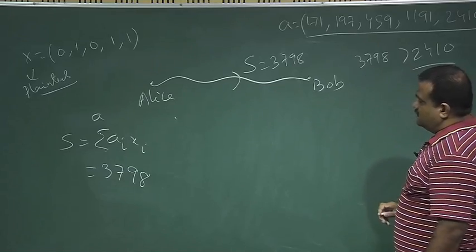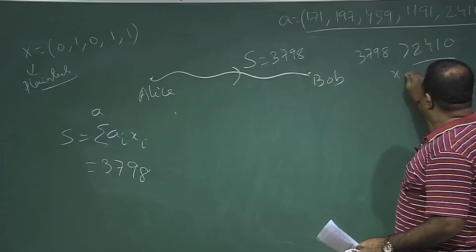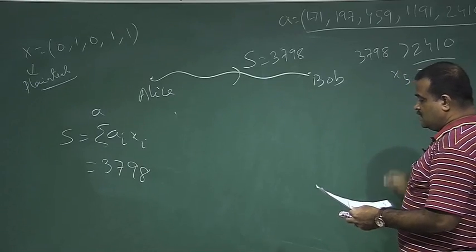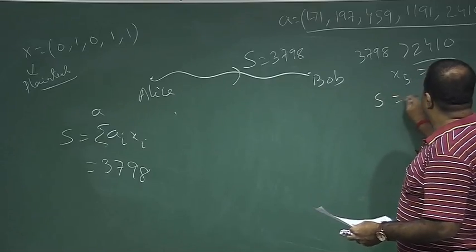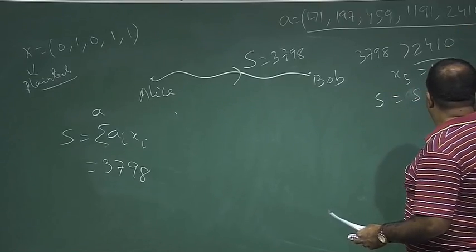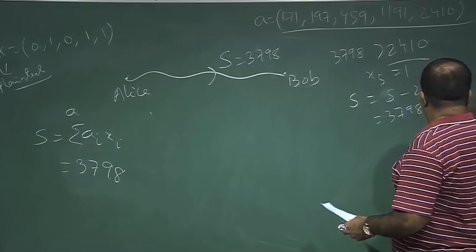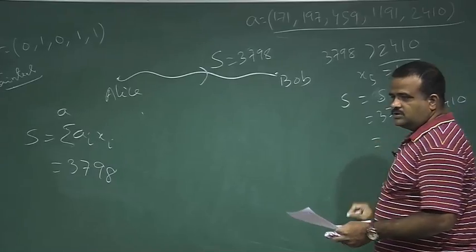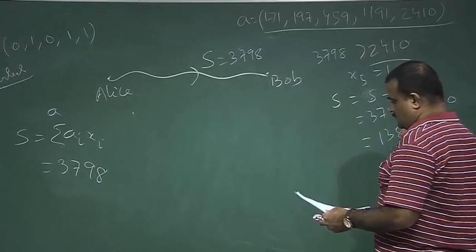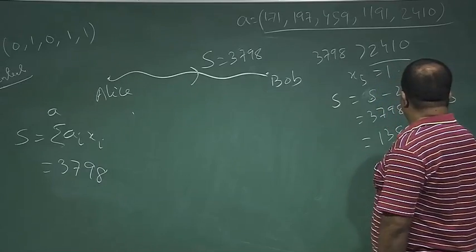So x5 must be 1, and S is reduced to S minus 2410. So this is 3798 minus 2410, which is basically 1388.